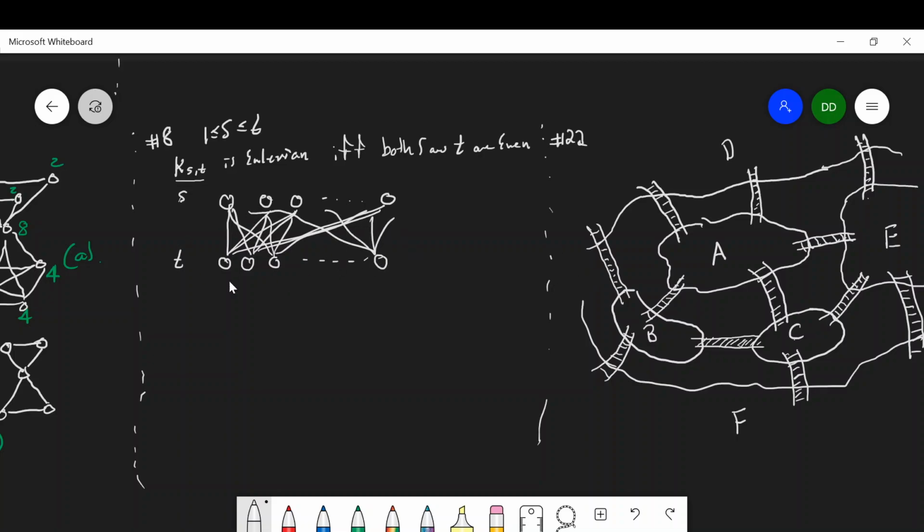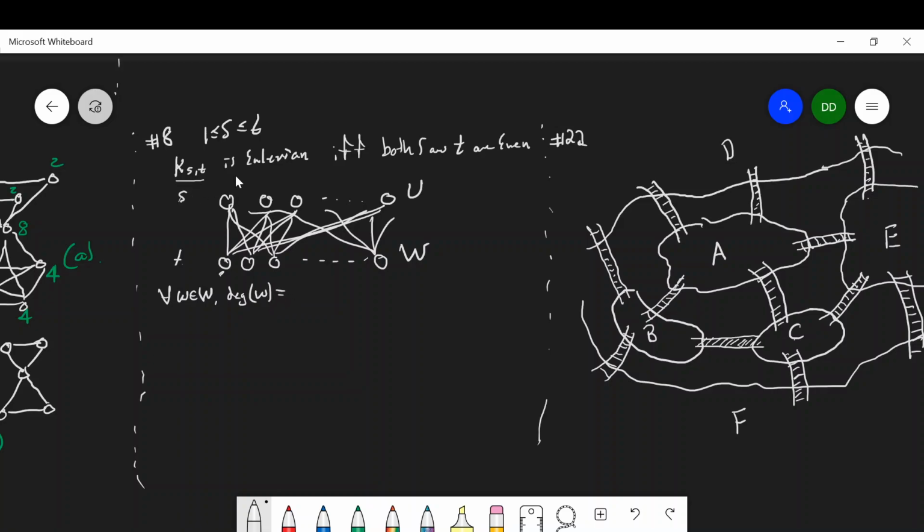So tell me, what are the degrees of the vertices down here? I'm going to call this U and this W. So I just want to notice what the degrees of these vertices are in terms of S and T. So for all w in big W, what's the degree of the vertex?